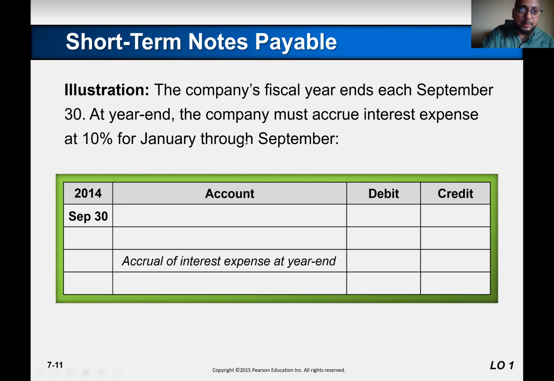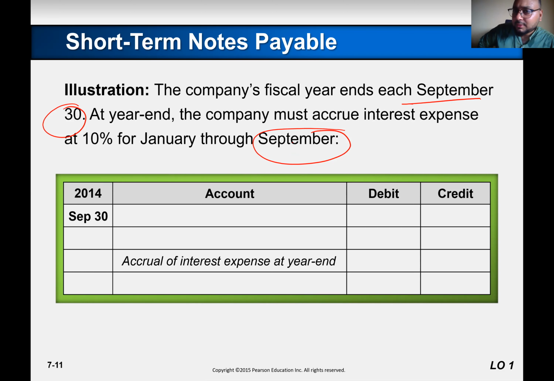Now, what happened here? Now the company's fiscal year ends each September, which is September 30, right? At the end, the company must accrue interest expense of 10% for the period since January as well. So the company's accounting period expires on September 30. You wrote down the notes payable on January 1st for 1 year, which means you will retire that notes payable in December, right? But since September is your closing date, you will close the books.